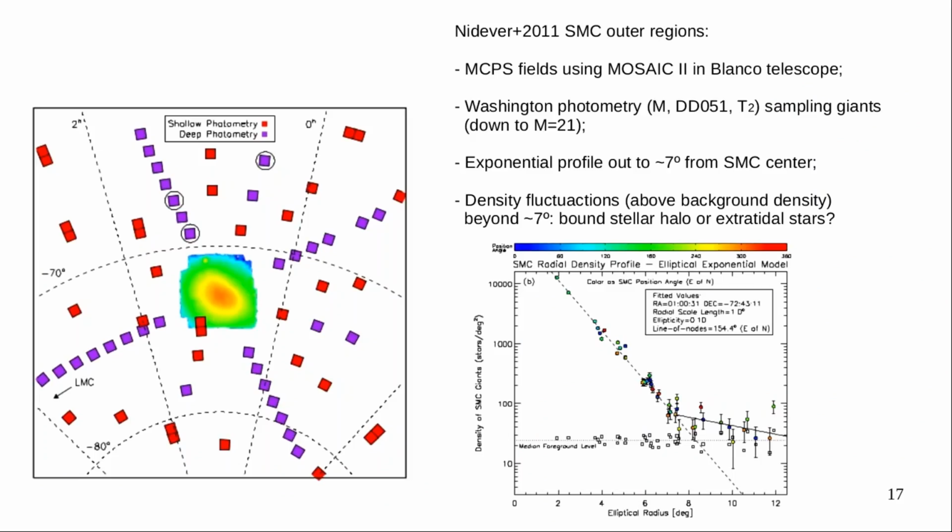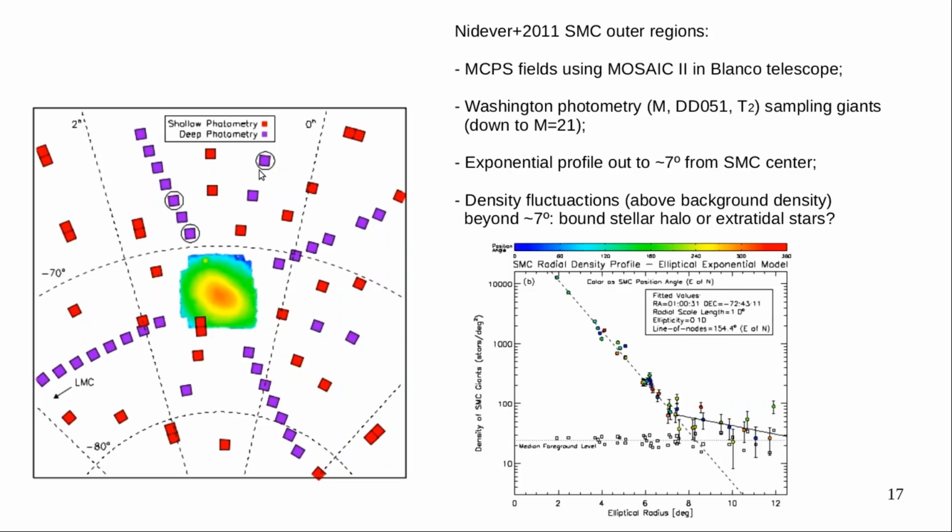Still considering the SMC, Nidever 2011 sampled stars in the Magellanic Clouds Photometric Survey. In the left figure, we see the fields sampled in that survey. The fields sampled with shallow photometry are in red and the deep photometry in another color.